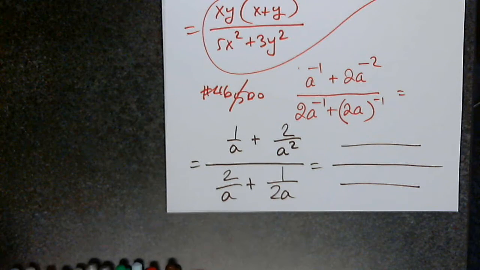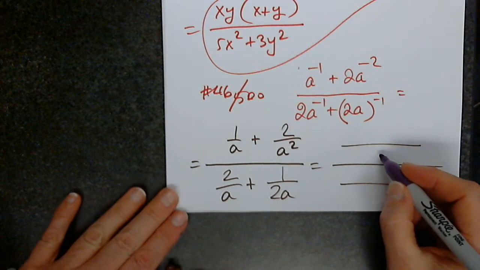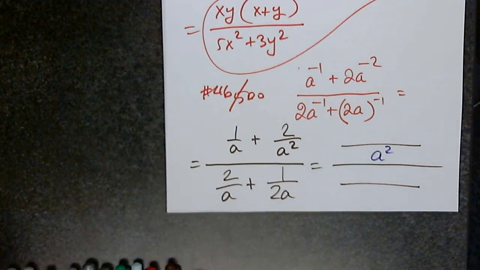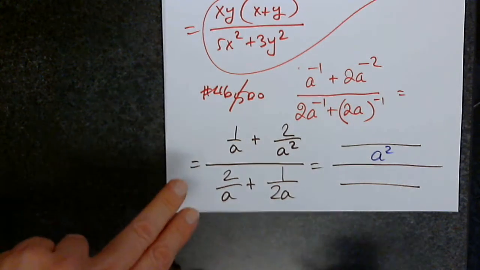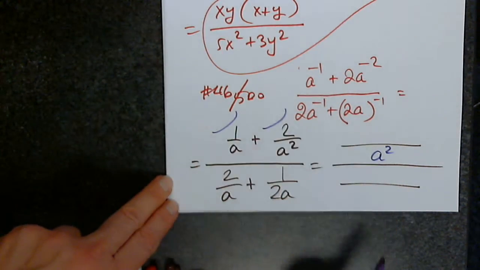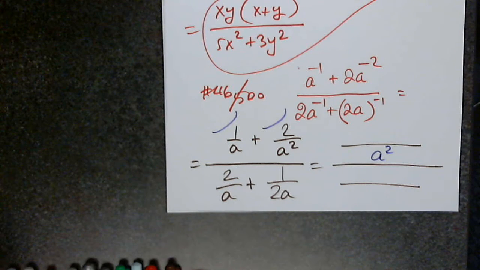Can anyone give us the denominator in the numerator? Just the denominator for now. A squared. Good. Are we ready for the adjustments for the top? The first one will have plus minus by A. The second one will have 1.